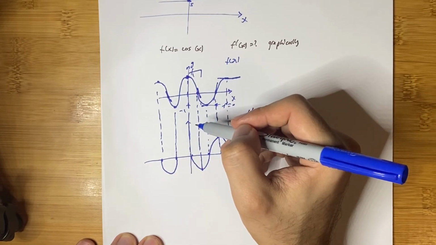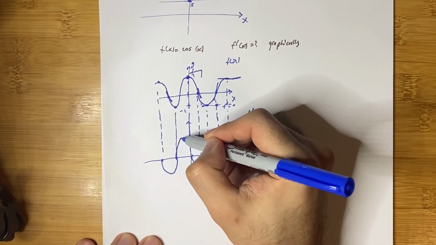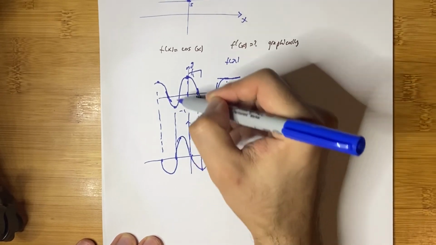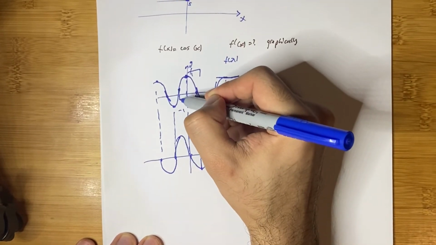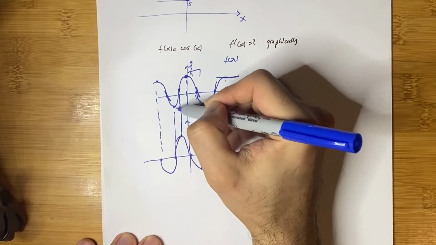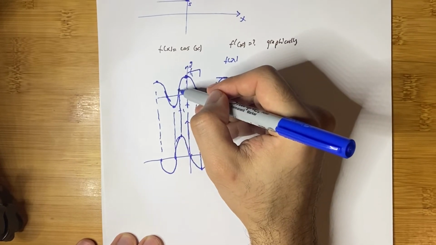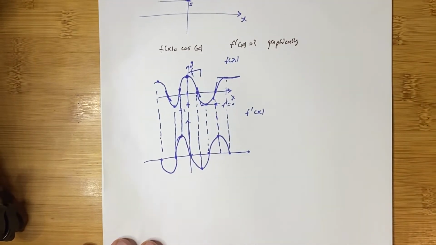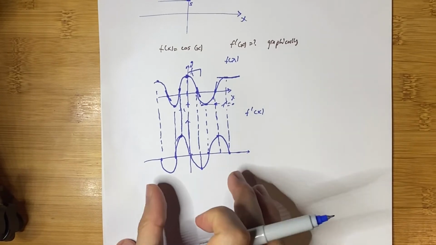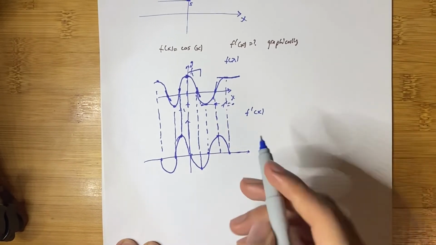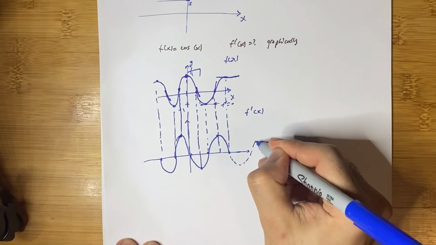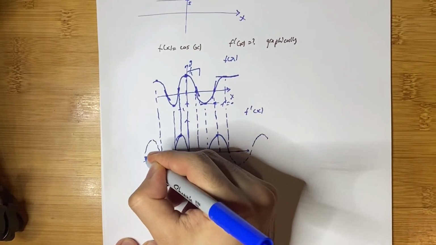Okay, so it's going to be something like this. And again at this point we will have the steepest positive slope, so that will be something like this. So if we extend this, it's going to be something like that.